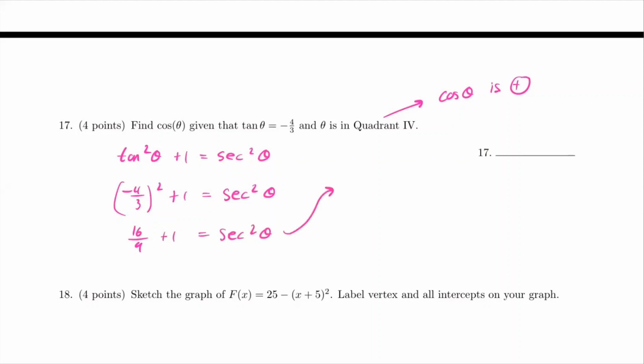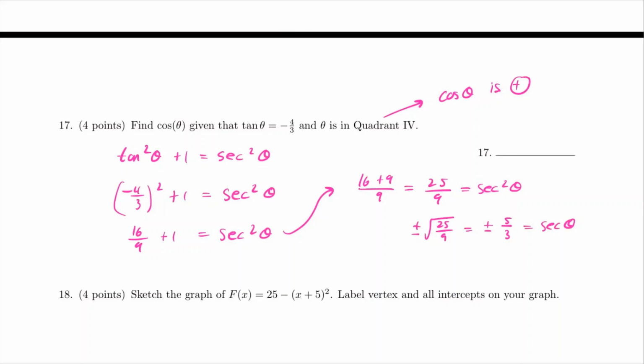Well, we know that 16 over 9 plus 1, if you put them in common denominators, you will have 16 plus 9 over 9, which is 25 over 9 is equal to secant squared theta. And now take the square root on both sides. So you get plus and minus square root of 25 over 9, which simplifies to plus and minus 5 over 3. So that's the value for secant theta.